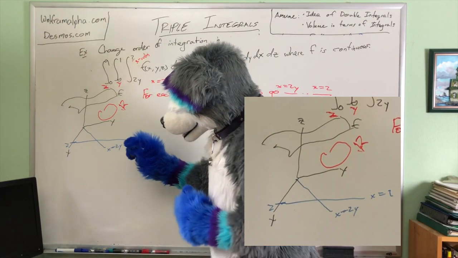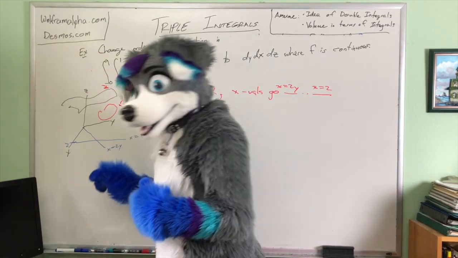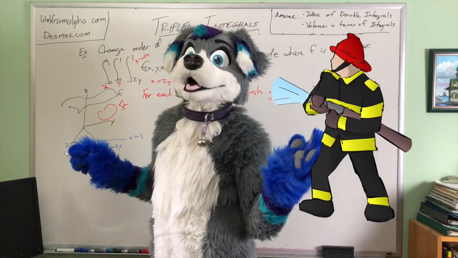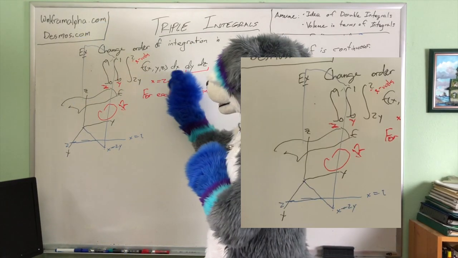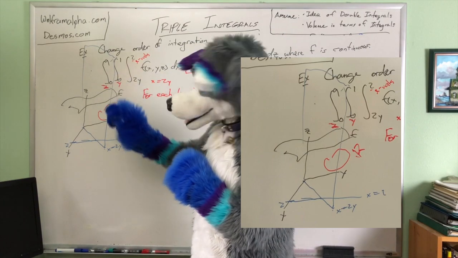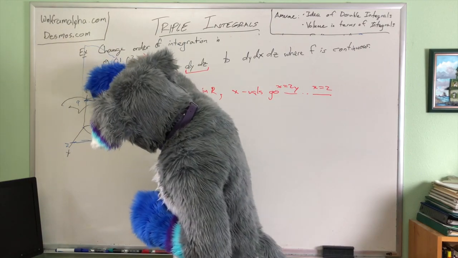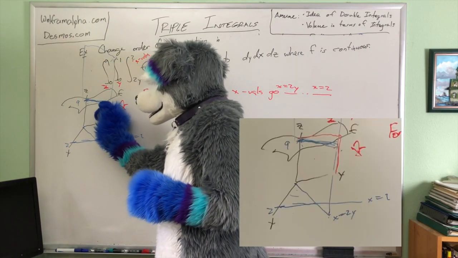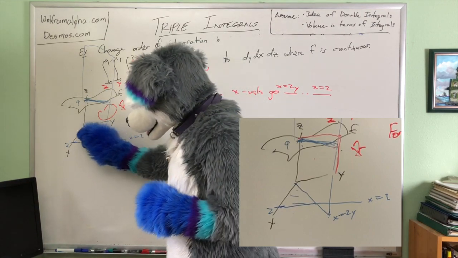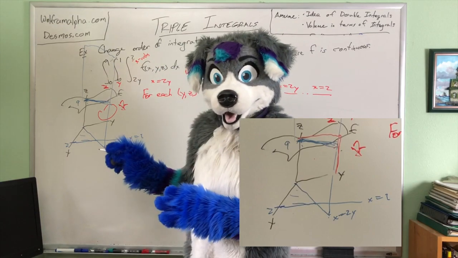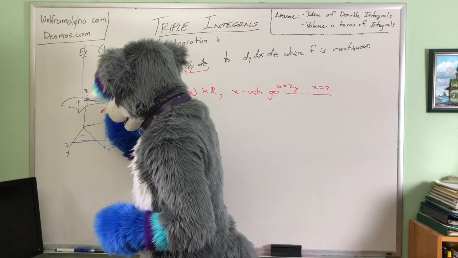But this is a plane, because there's no z value, so z can be whatever it wants. It can be a teacher, it can be a fireman. x equals 2. The z values go from 0 to 9. So that cuts this off. And then my region R will be this rectangular region, kind of projected on the YZ plane. So my YZ pair are coming from here.